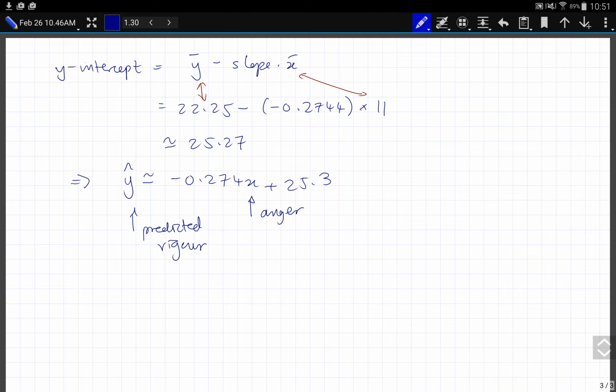And so in particular, if I wanted to evaluate at, say, 10 units of anger, I just plug 10 in. Approximately to one decimal place. So I hope that's useful.